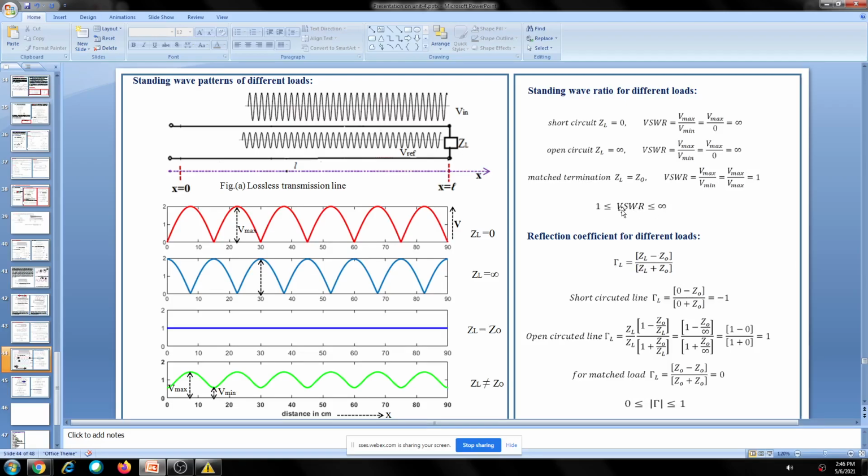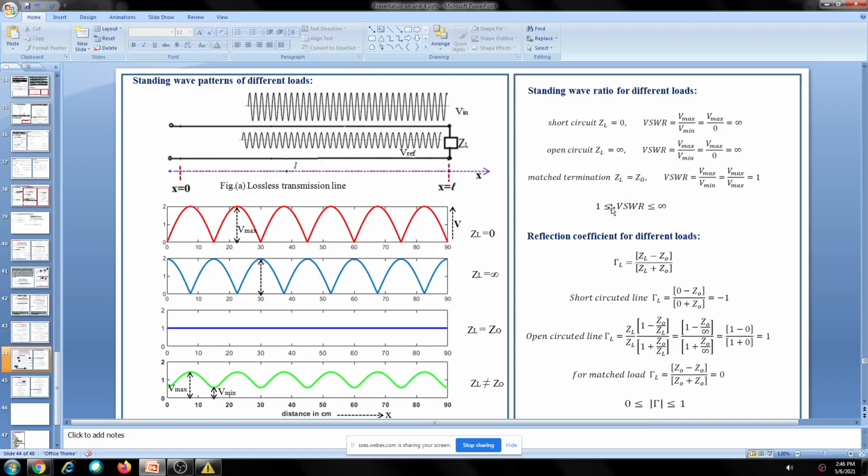So these two parameters, VSWR and reflection coefficient, are very, very important parameters on a transmission line. Usually we measure one of them, anyone can be measured, but VSWR is the easy method to measure.